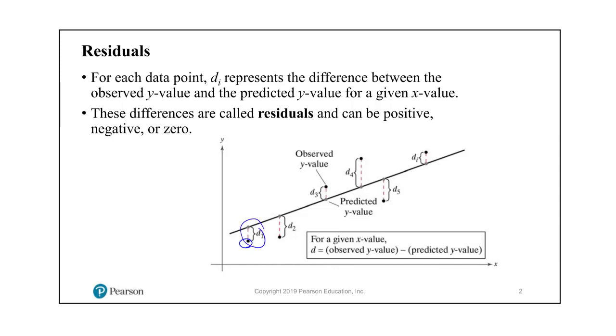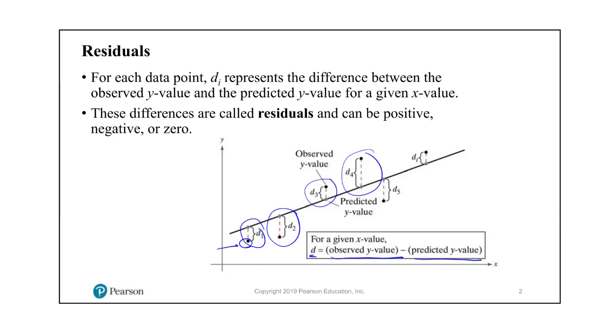So what we're doing is figuring out how far it is. This one is a certain distance below, this one is below as well, while these two are a certain distance above. And for each one of them, we're calculating a distance, a d value, of the observed y value minus the predicted y value.